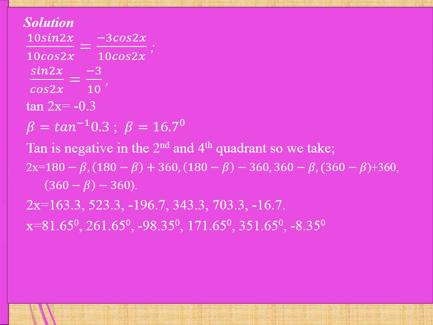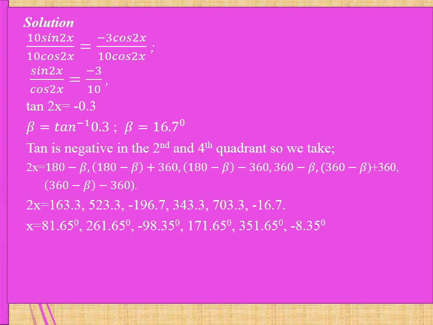So what we have is 10 sine 2x is equivalent to negative 3 cos 2x, and then we are going to divide both sides by 10 cos 2x, and that will give us sine 2x all over cos 2x is negative 3 over 10. We know that sine over cosine gives us tan, so we are going to get tan 2x is equivalent to negative 0.3.